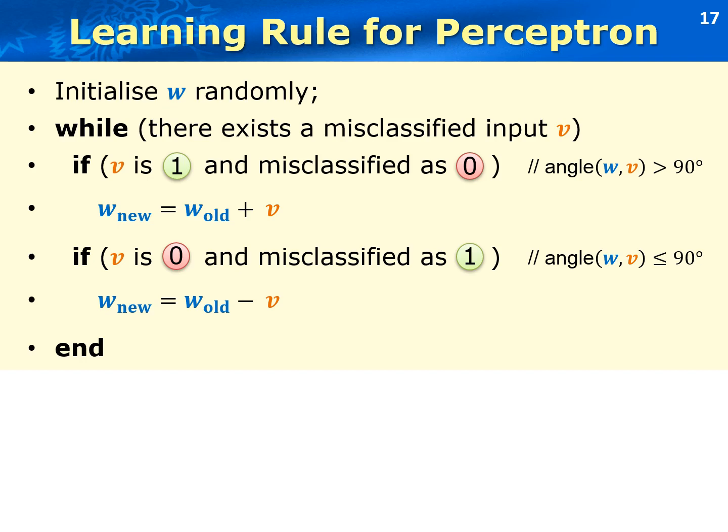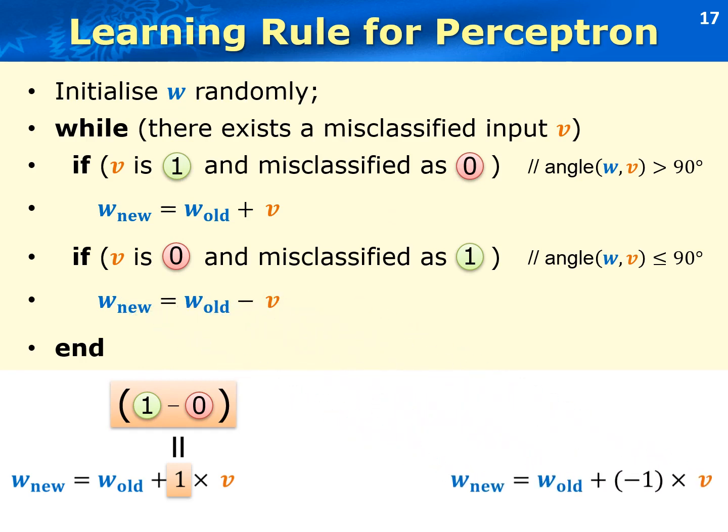This is because, in case 1, plus V can be rewritten as plus 1 times V. Here, 1 can be regarded as the actual value 1 minus the predicted value 0. Similarly, in case 2, minus V can be rewritten as plus minus 1 times V. Here, minus 1 can be regarded as the actual value 0 minus the predicted value 1.